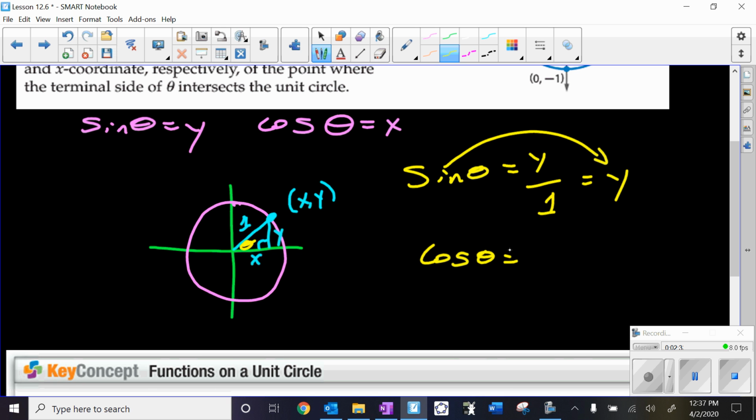Same with cosine of theta. Cosine we know is adjacent over hypotenuse, so adjacent to my angle is x over my hypotenuse of 1, which is just x. Again, this has to be in a unit circle though, in order to just say that sine of theta is the y coordinate and cosine of theta is the x location.